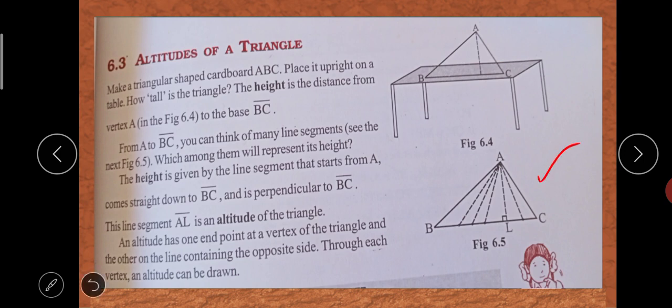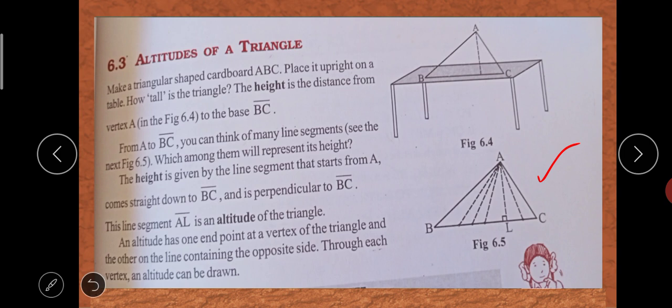In the next figure, 6.5, A is the vertex and we are thinking of many line segments, and which among them will represent its height. The height is given by the line segment that starts from A and comes straight down to BC, perpendicular to BC.